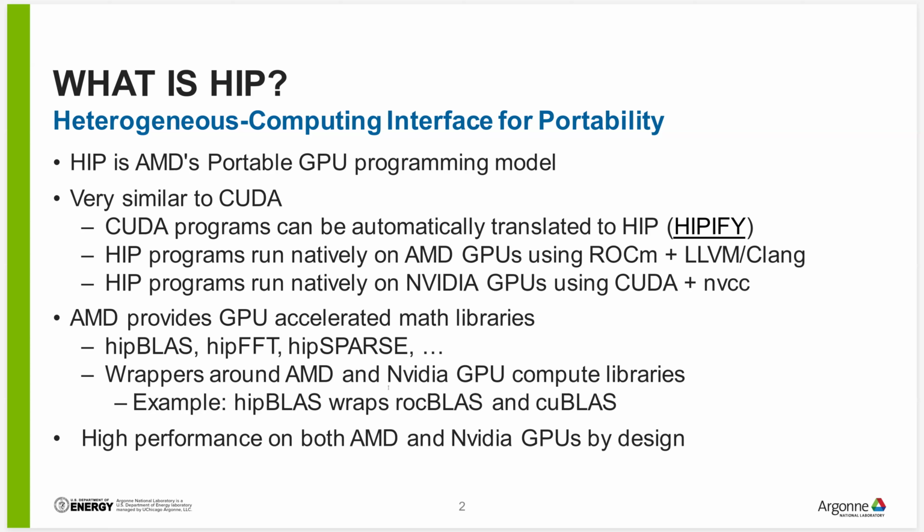So HIP-BLAS for cuBLAS, HIP-FFT, HIP-Sparse, and they are wrappers around AMD and NVIDIA GPU compute libraries. So the example is HIP-BLAS, a wrapper around rocBLAS and cuBLAS. By design, HIP is supposed to be high performance on both AMD and NVIDIA GPUs.